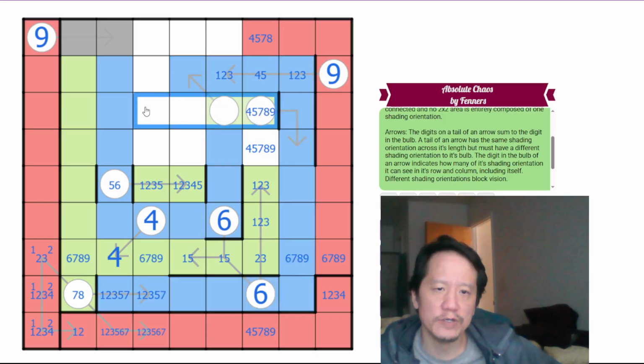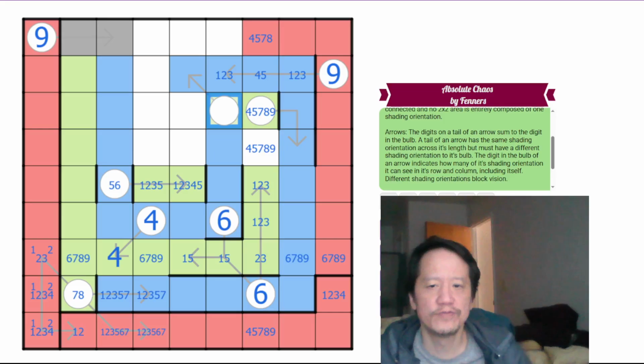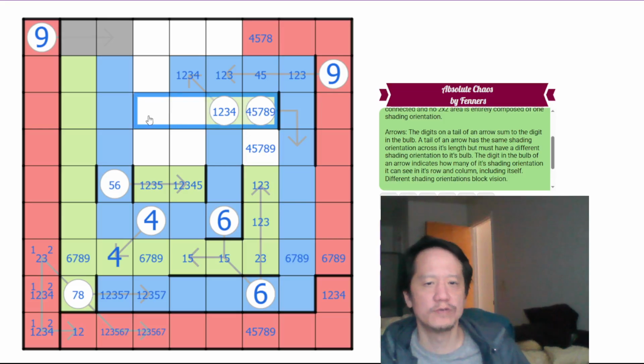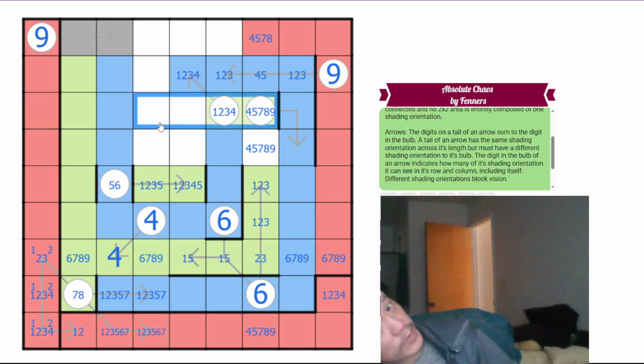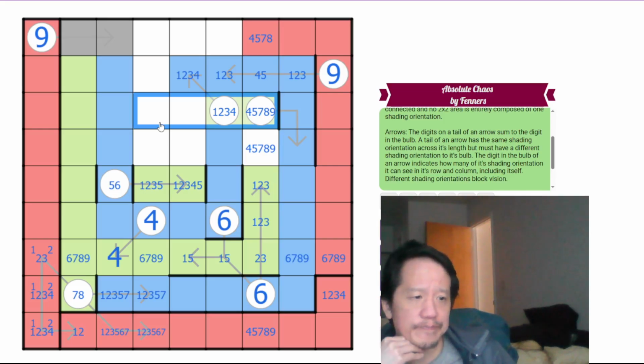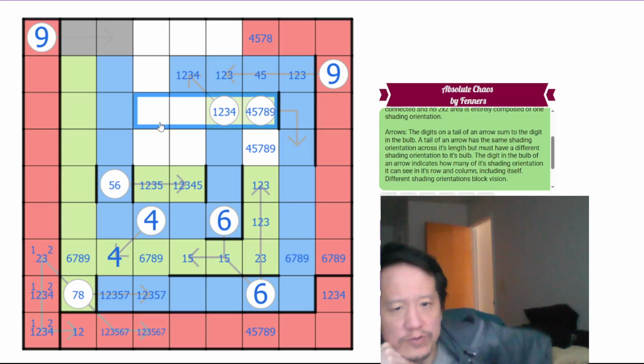So this would be 1 through 4 here. This would be 1 through 4 because they would only see 4 greens at most. This still feels feasible.